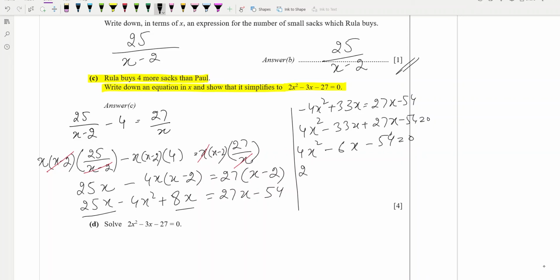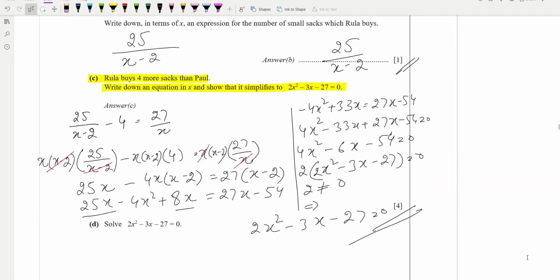Now we can take 2 common, so it will be 2x squared minus 3x minus 27 is equal to 0. 2 cannot be equal to 0, so this implies 2x squared minus 3x minus 27 is equal to 0, and this was the 4-mark question which we have to prove, which we have done.